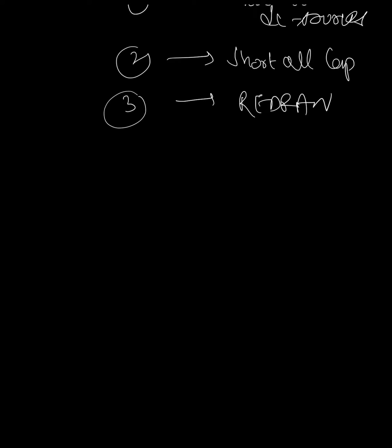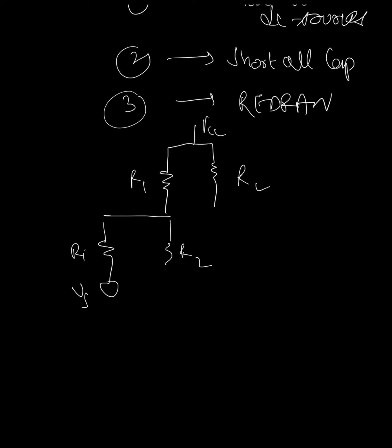As we short the circuit, we get this R1, here R2. The capacitor is being short, so this is the input resistance, this is R2, this is the AC signal source, and here is our BJT, this is RE, but this will be shorted as capacitor has been short.